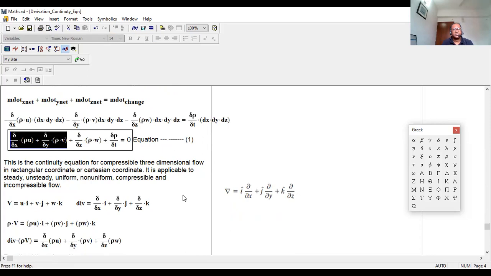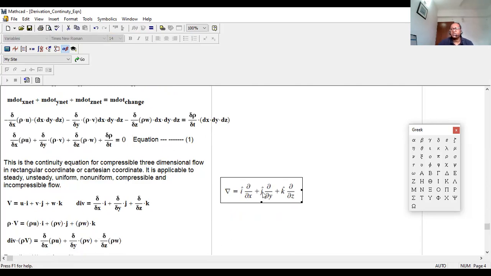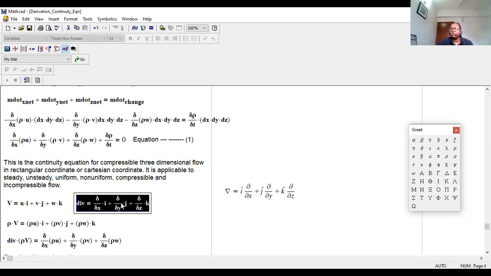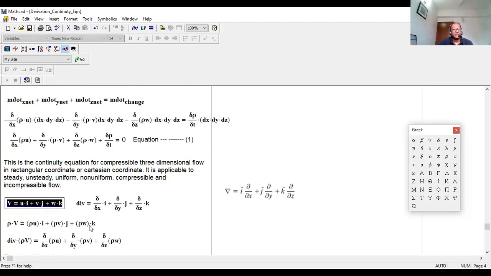Now, this equation, some books represent in another way. You spend a lot of time learning the mathematics; what is the application? Right over here. You know divergence. Sometimes it is called del dot V. Del is the divergence operator and this is the velocity vector V. If you make the dot product of these two vectors, del and ρV, you will get this term.